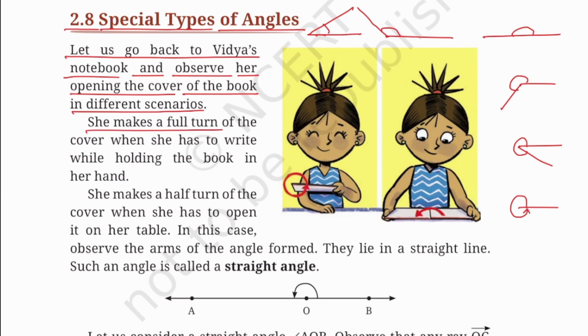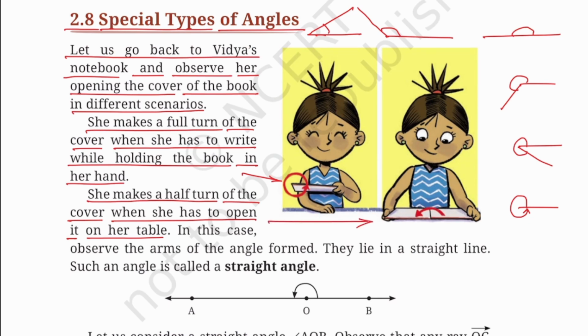She makes a full turn of the cover when she has to write while holding the book in her hand, like this. She makes a half turn of the cover when she has to open it on her table, like this.